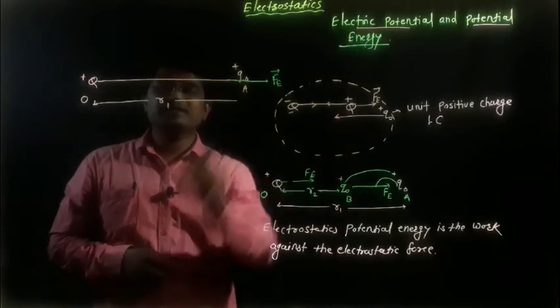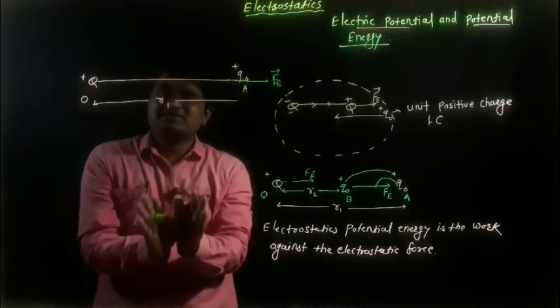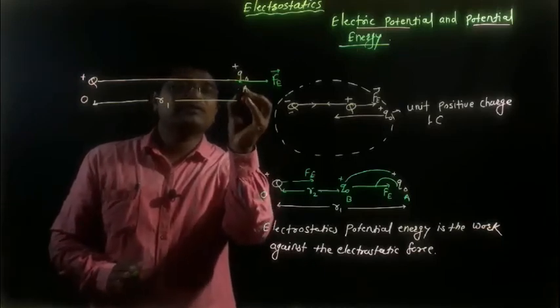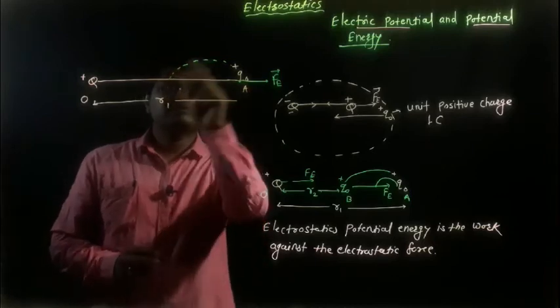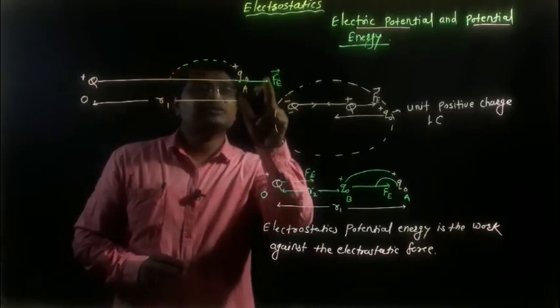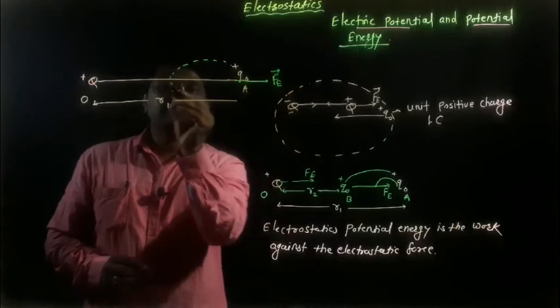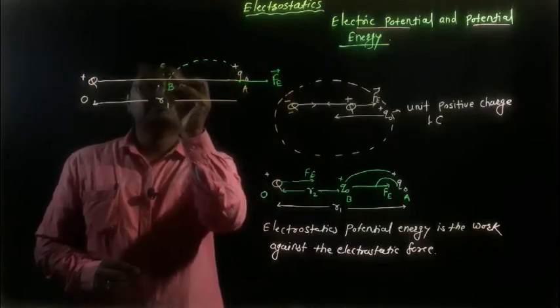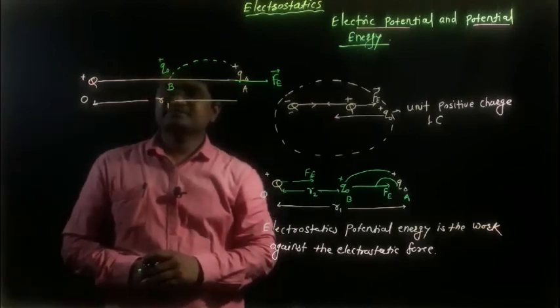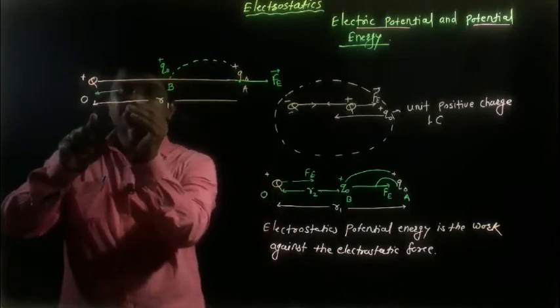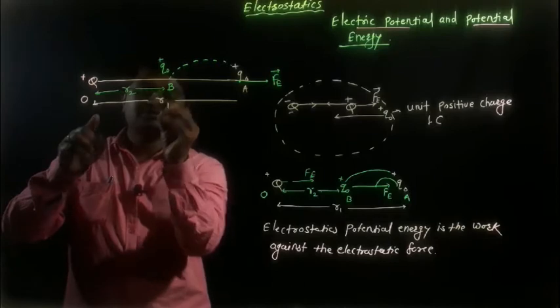But when it moves in the outward direction, at exactly the same time work is performed, exactly opposite to the electrostatic force, and it reaches the final point B. So this is the unit positive charge, and it reaches the final distance R2 from the origin.